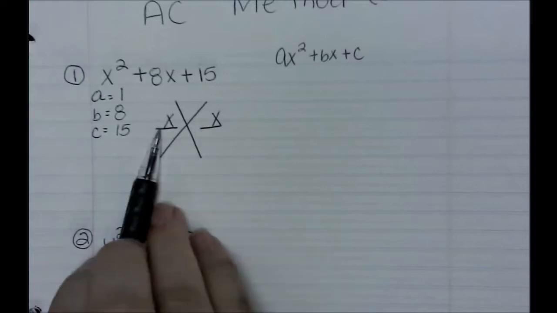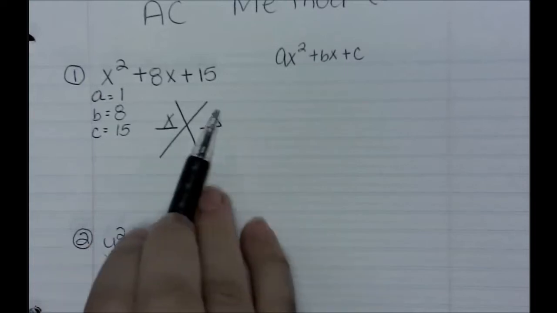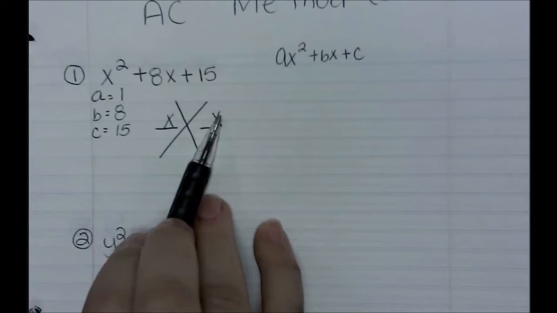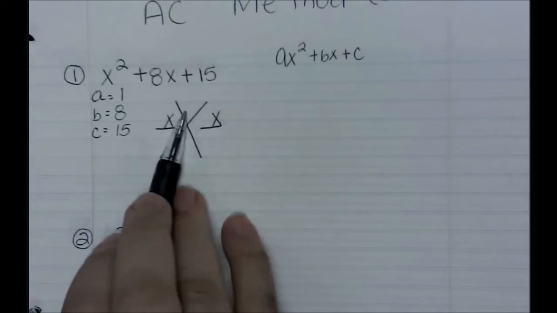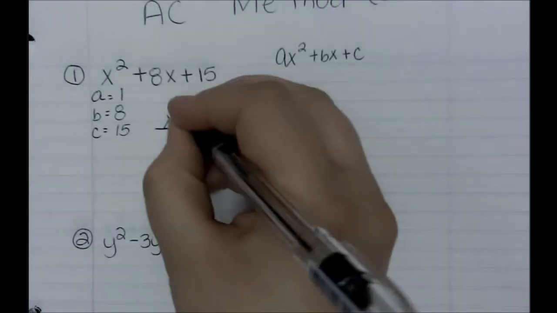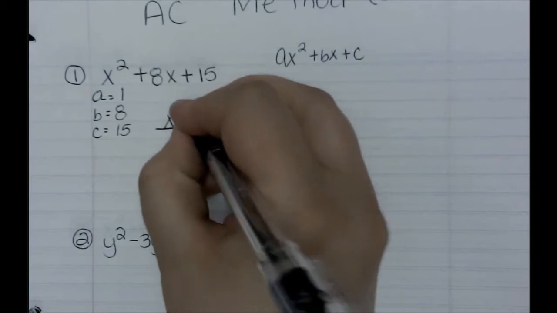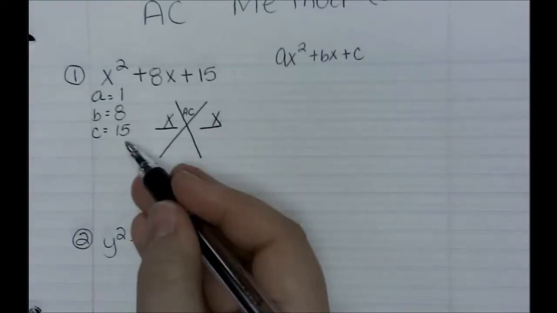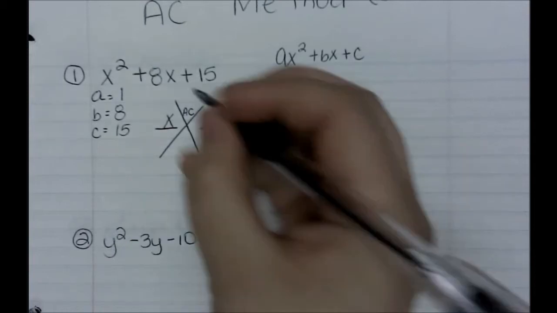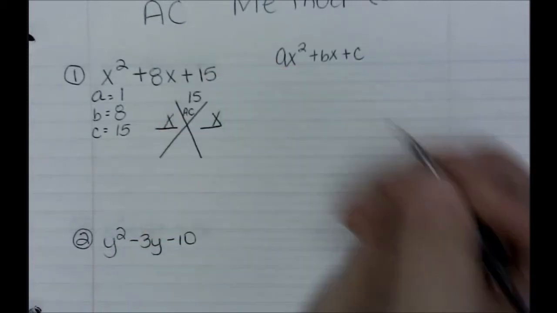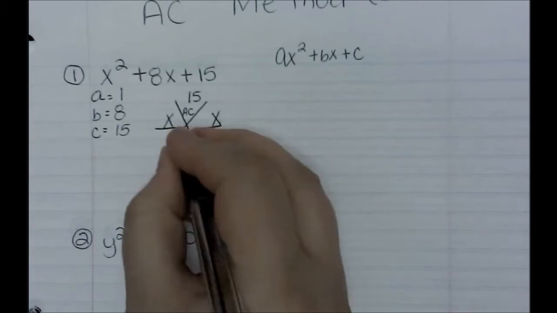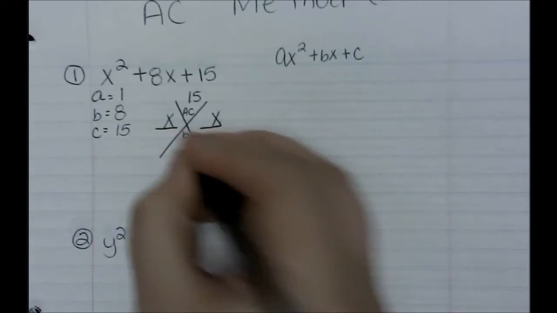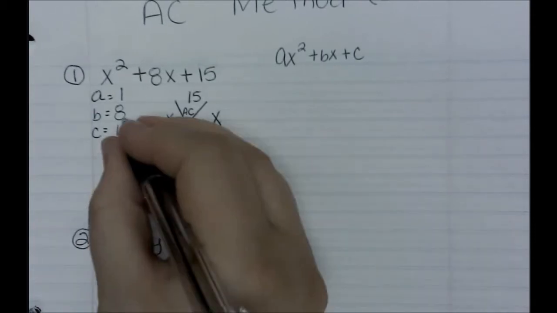Well, here we have an understood 1 in front of those x's, so we don't have to really write the 1's. Up top, you put your A times C. So A is 1, C is 15. So 1 times 15 is 15. And then you put the letter we didn't use, which is our B, down at the bottom, which is 8.